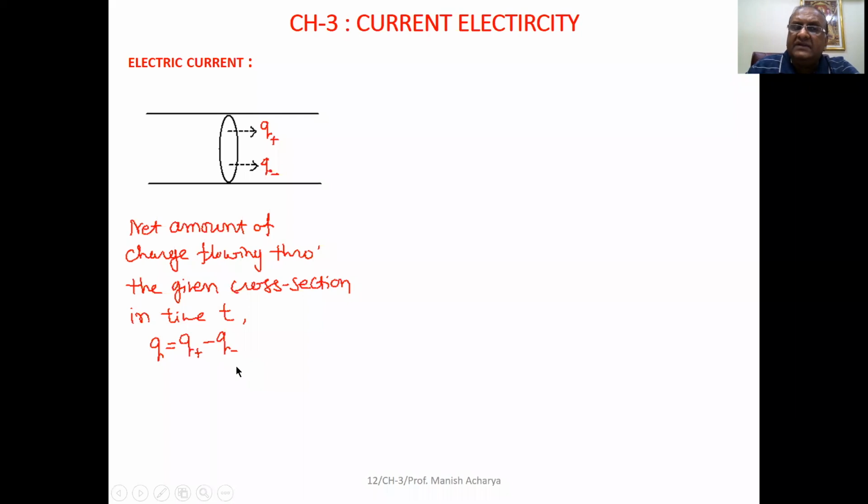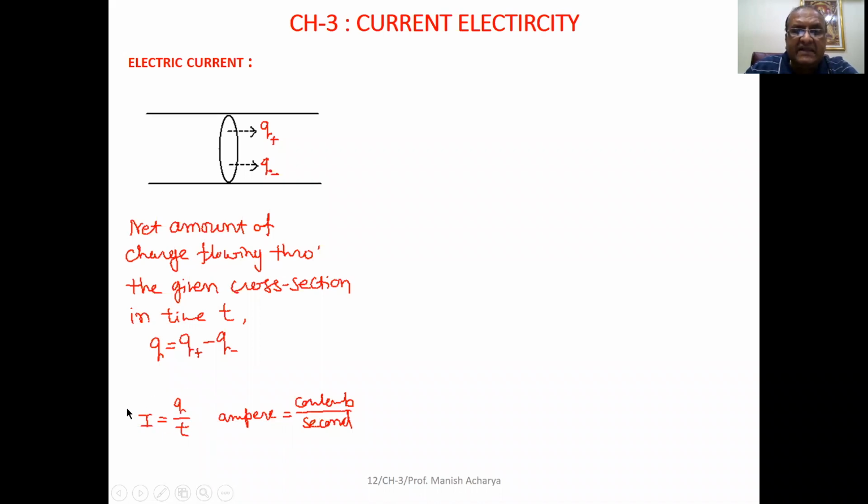Now, this net amount of charge flowing through any cross section per unit time is called electric current. So we can write electric current I equal to Q by t.